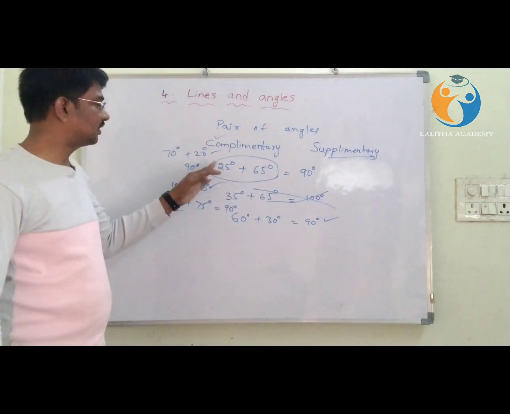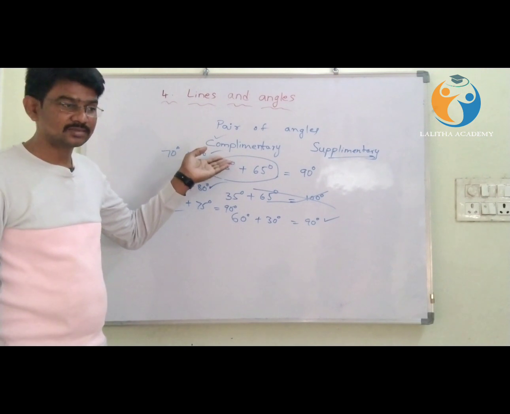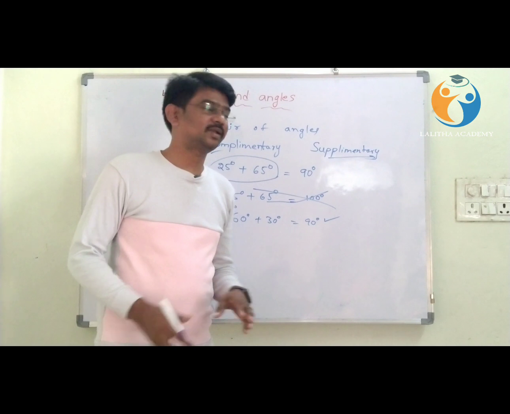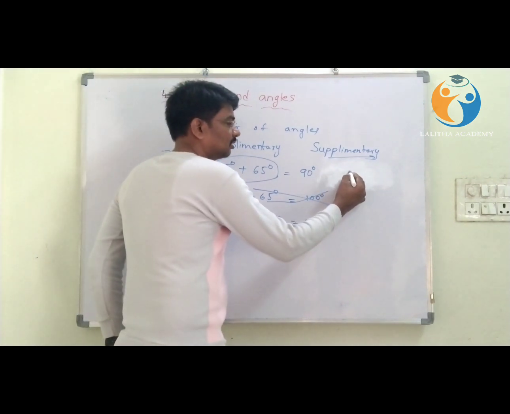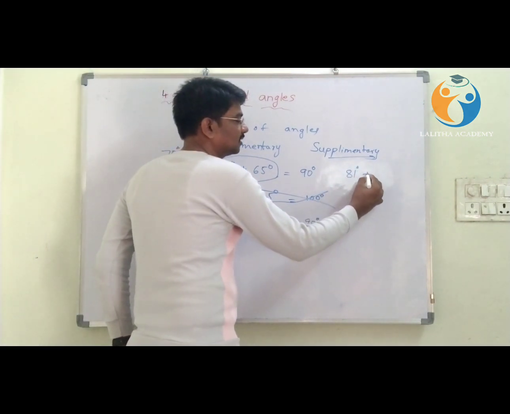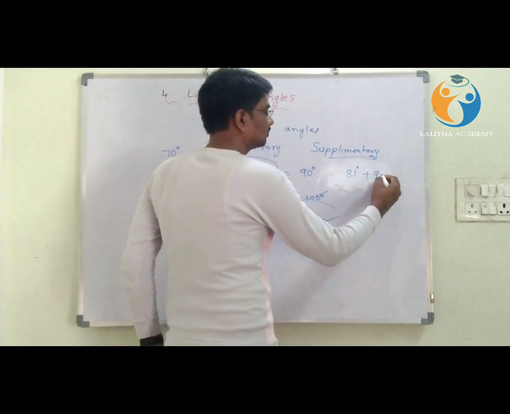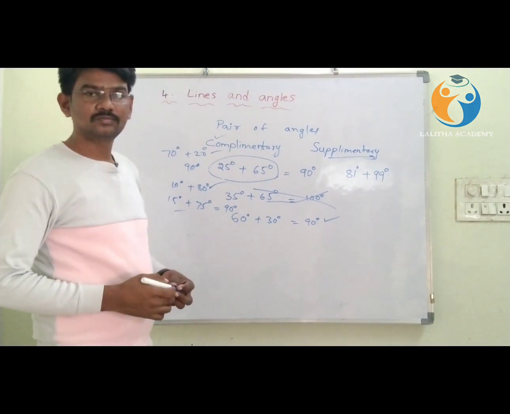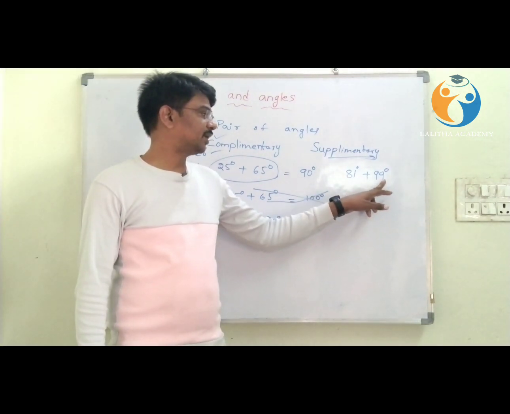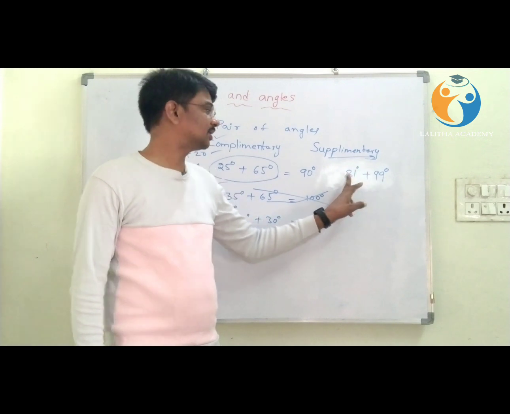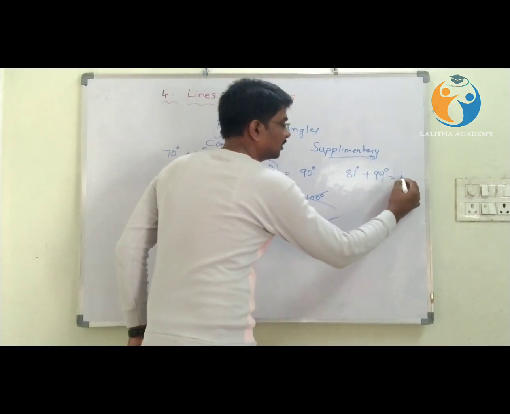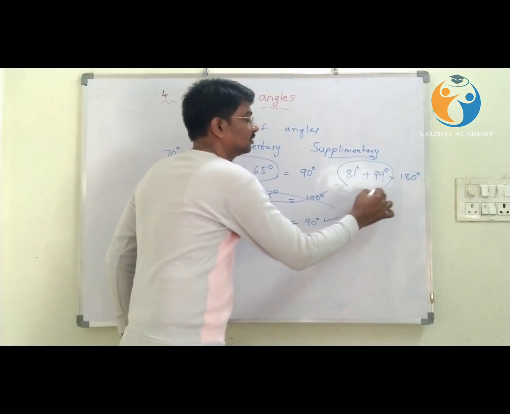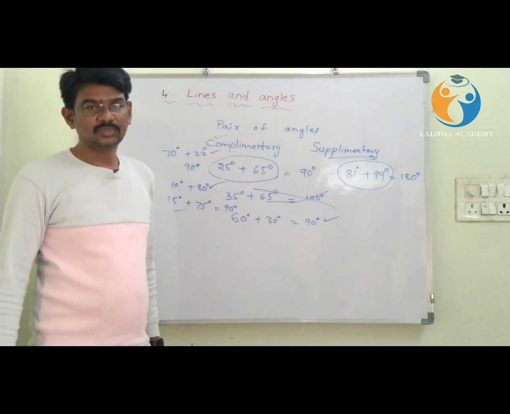Here 90 degrees sum, complementary angles. 180 degrees sum, supplementary angles. 81 degrees plus 99 degrees. What is the total? 81 plus 99 is 180 degrees. Sum is 180 degrees. So, these two are called supplementary angles.